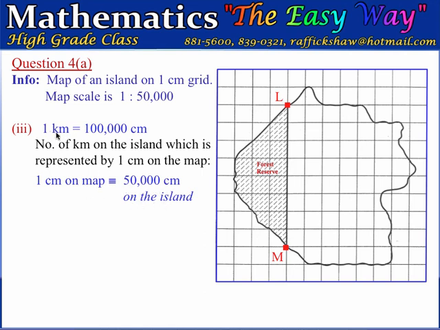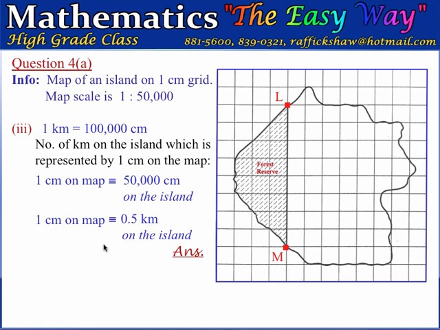Since 1 kilometer is 100,000 centimeters, it means that 50,000 centimeters is half of a kilometer, or 0.5 kilometers. And so we can write that 1 centimeter on the map is therefore equivalent to 0.5 kilometers on the island. And that's the answer for part 3.